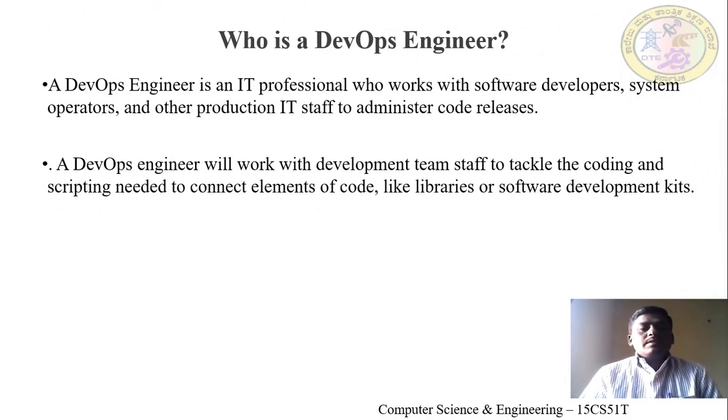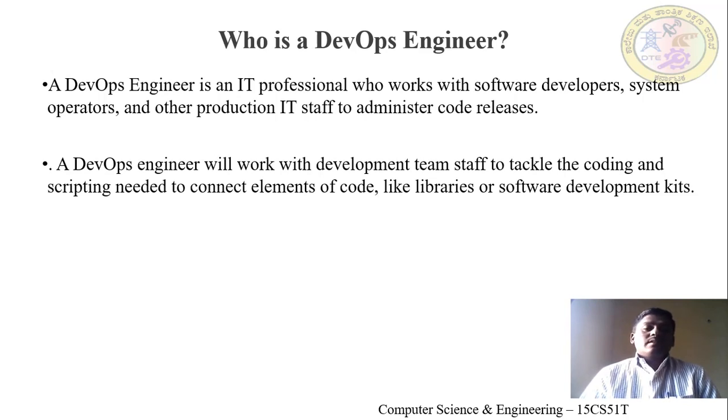Then we will see who is the DevOps engineer. We know software engineers, test engineers, network engineers. Then who is a DevOps engineer? A DevOps engineer is an IT professional who works with software developers, system operators, and other production IT staff to administer code releases.